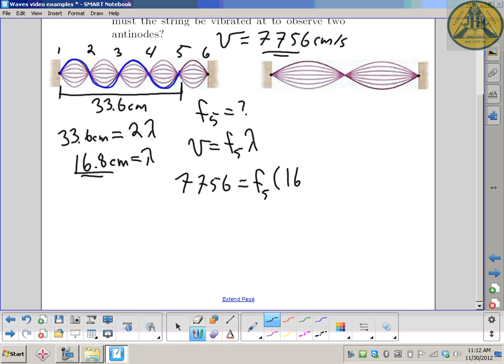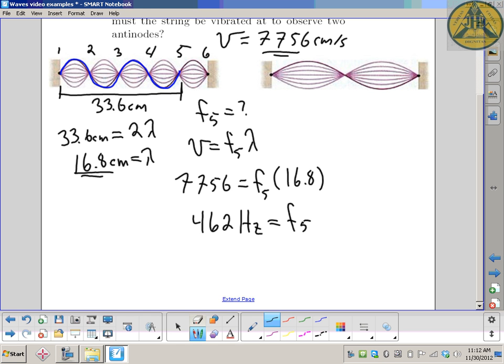Wavelength is 16.8. Divide both sides: 7,756 divided by 16.8 gives you 462 hertz, the frequency to see 5 antinodes. So in the diagram on the left, there's 462 waves passing by a certain point every single second.